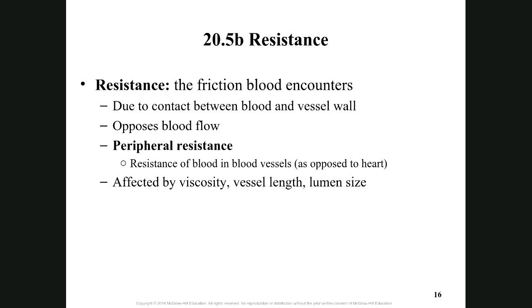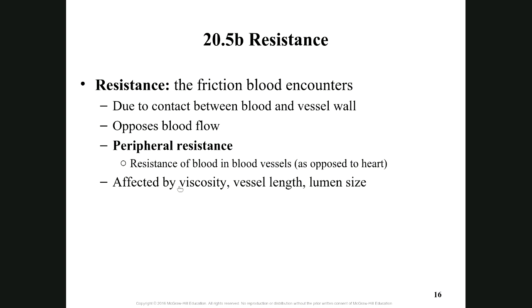This friction is due to the contact between the blood and the blood vessel wall. And we have a term which we call peripheral resistance. Peripheral resistance is the resistance of blood in our blood vessels in all parts of our body.